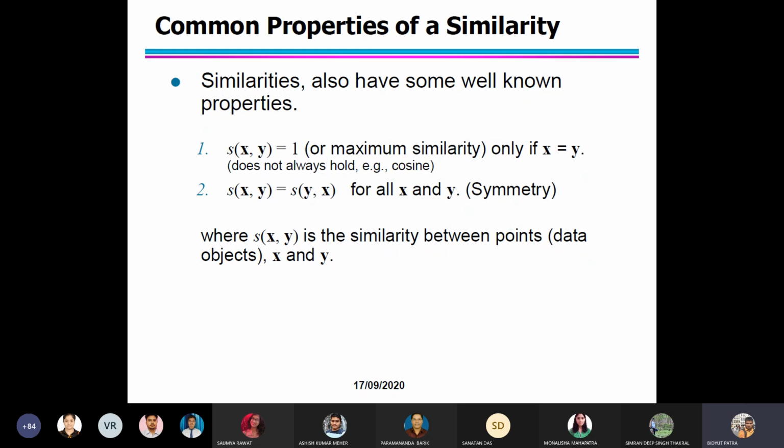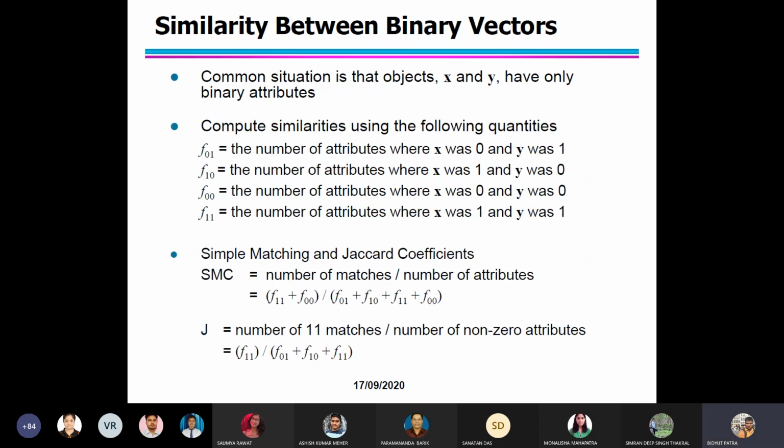You may consider him or her a friend, but he or she may not consider you a friend. So that relation may not be symmetric. That is the example of symmetry. Now we'll go into more detail on how to compute the similarity between two vectors. There are some standard measures to compute similarity, and we'll go through those.